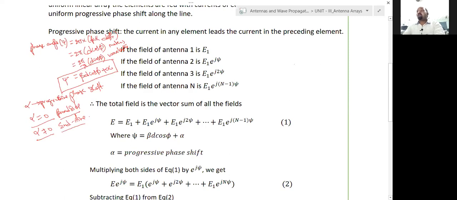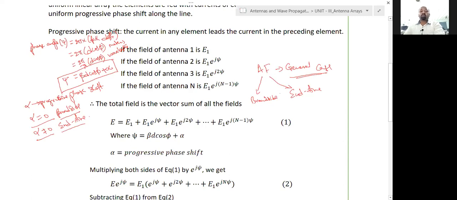Because I am deriving an expression for the array factor in the general case, from this array factor I can define broadside, and from the same expression of array factor I can define end fire, right?